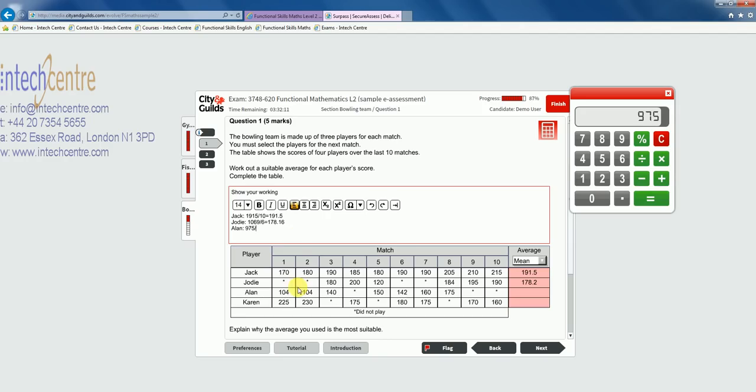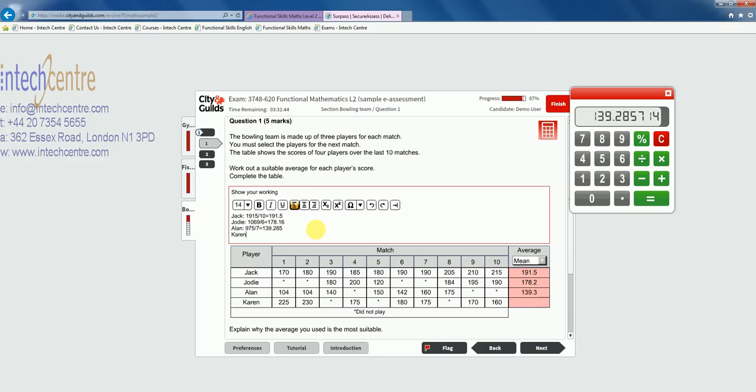And if I count how many matches he played, 1, 2, 3, 4, 5, 6, 7. So he played 7 matches. 139.285. So again, I'm just going to round this to 139.3, just one decimal place.